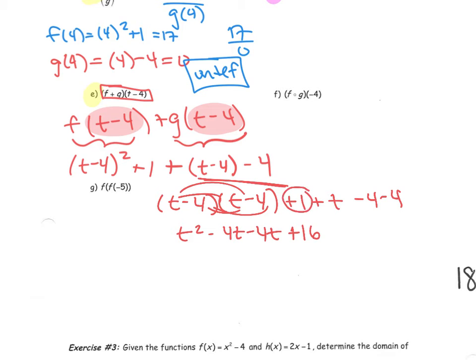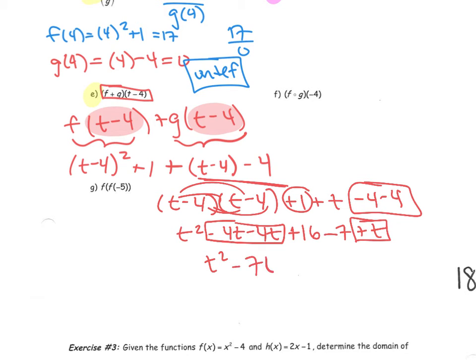Let's combine some terms here. This ends up being minus 7 plus t. Finally, when we put it all together, we end up with t squared, that's minus 8t, plus t, so that's minus 7t, and then this is plus 9. And that is our final answer for letter E.